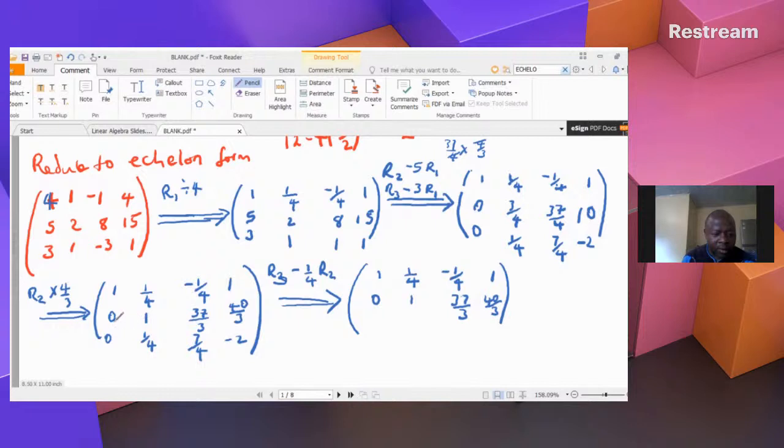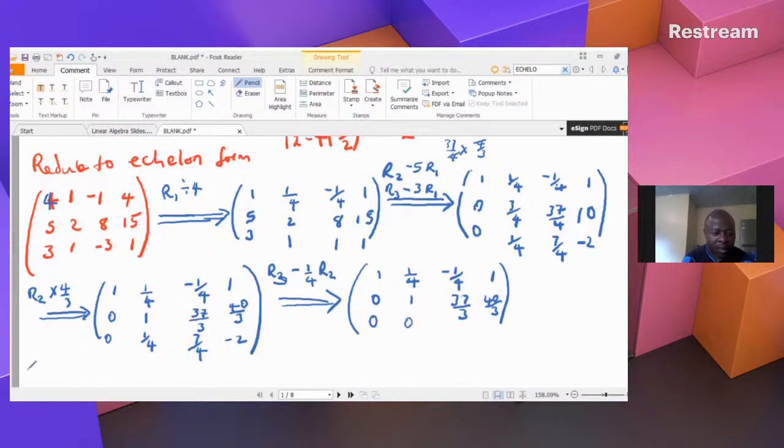Now, we are multiplying a quarter by row 2 and then subtracting the result from row 3. So this by a quarter is 0. From this gives me 0. This by a quarter, I get a quarter. From this, I get 0.